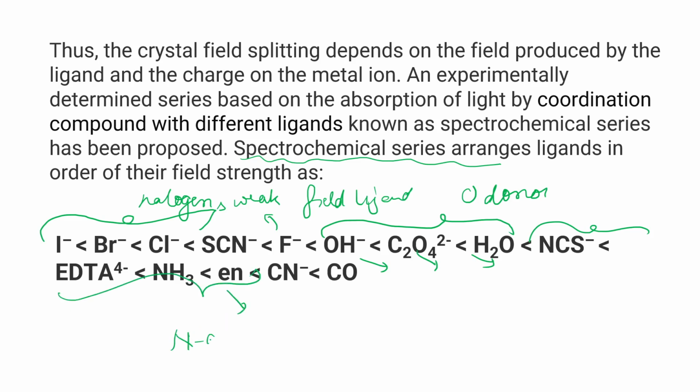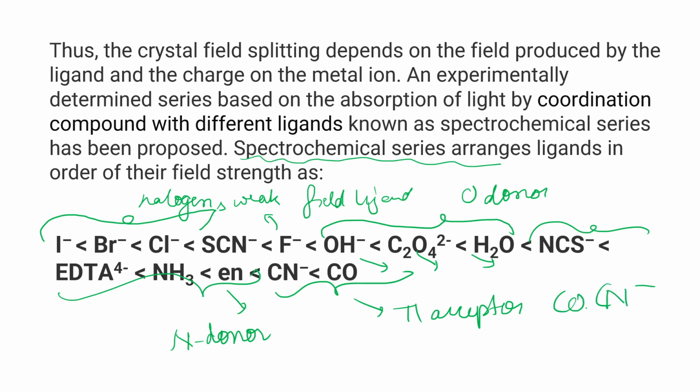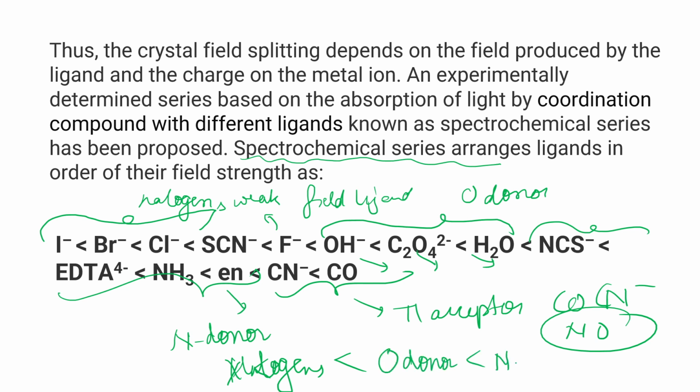We have N donors, and then we have pi acceptor ligands: carbonyl, cyanide, and NO. So to easily remember the series, we can consider halogens, then O donor ligands, then N donor ligands, then pi acceptor ligands. Pi acceptor ligands include carbonyl, nitrosyl, etc.